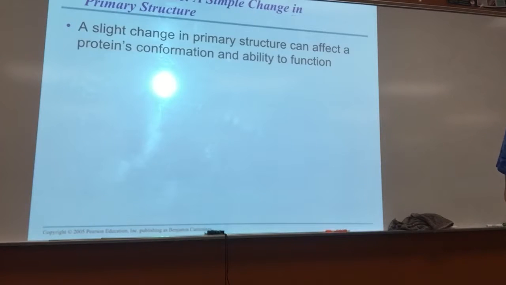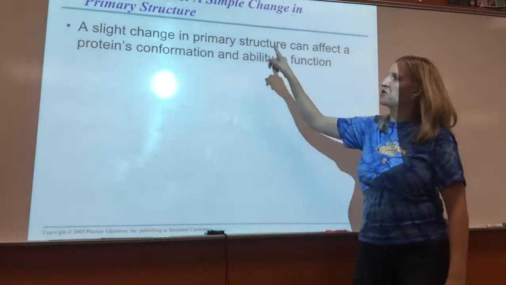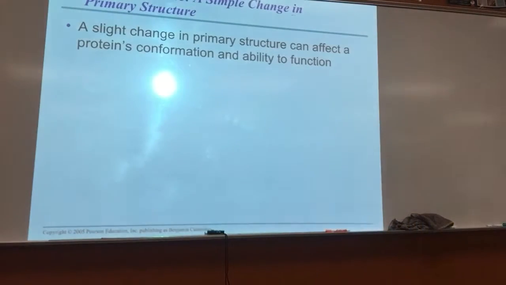And so a slight change in that chain of amino acids, that primary structure, can affect the protein's conformation and ability to function. Conformation means shape, right? So shape determines the function.